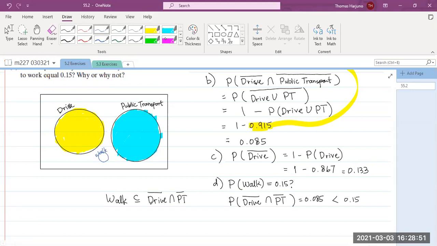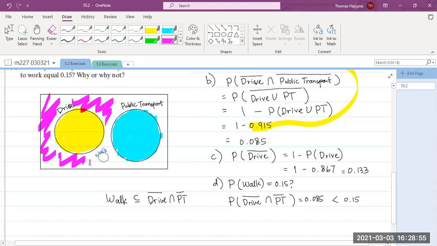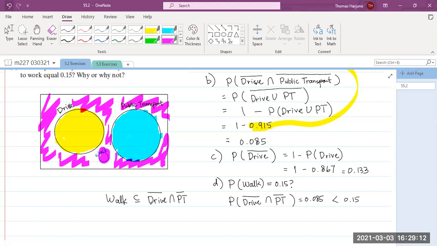If the total area here, the one I color in purple, is only 0.085, then the walking part must be less than that, not more than that, right? So that's a good question with some logic.